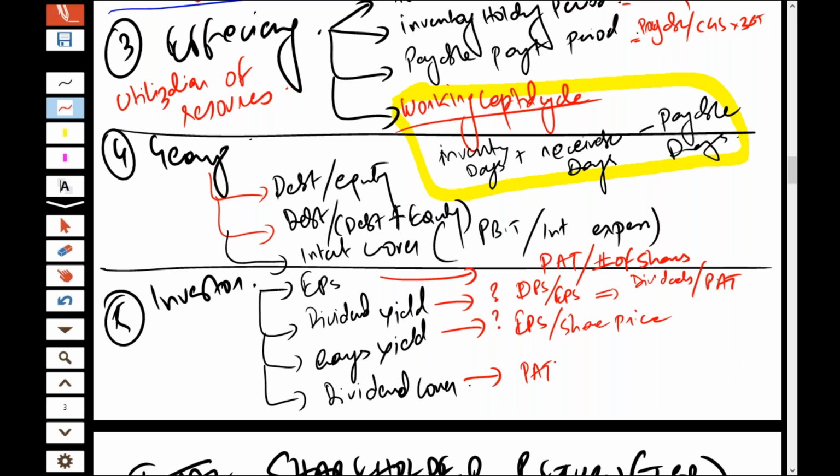Dividend cover is profit after tax divided by dividends. Or the other way around, the dividend cover is simply going to be the EPS divided by the DPS.